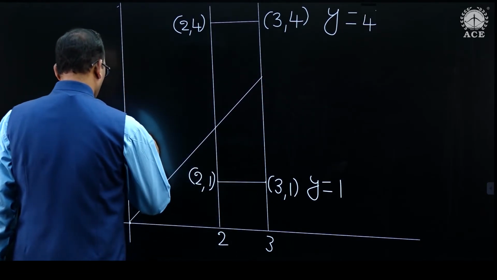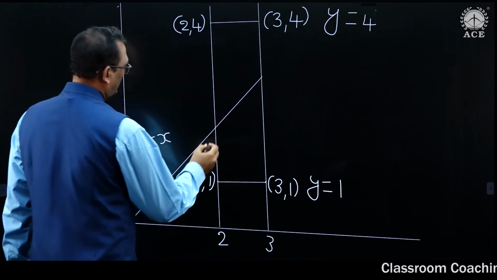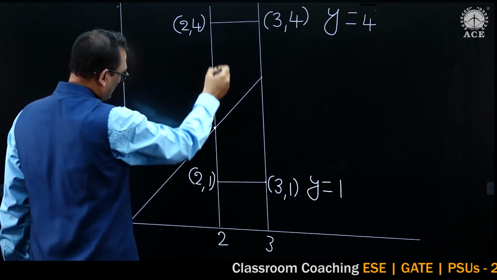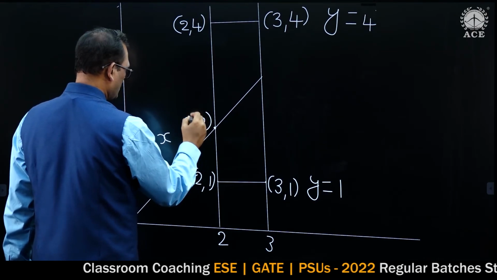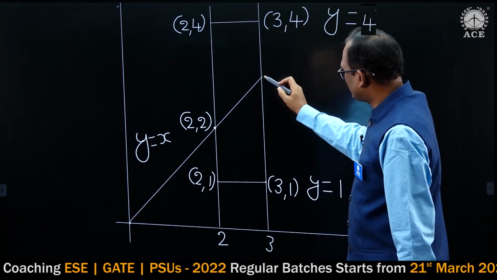It intersects the x is equal to 2 line. Therefore, it is 2 comma 2 because y and x coordinates are same.